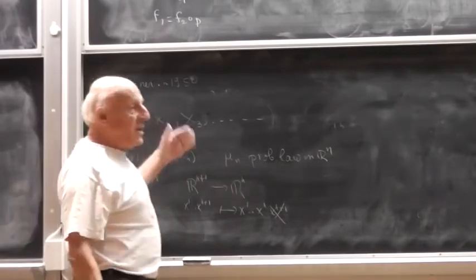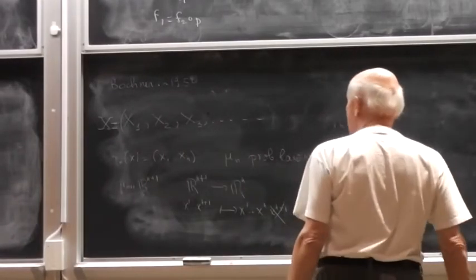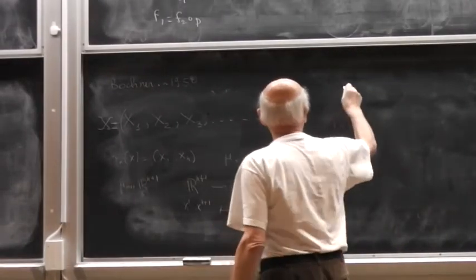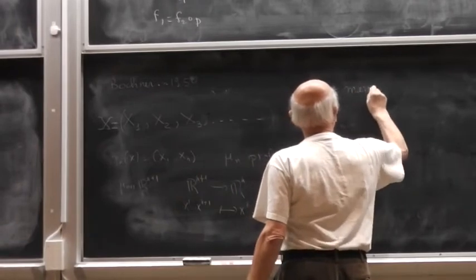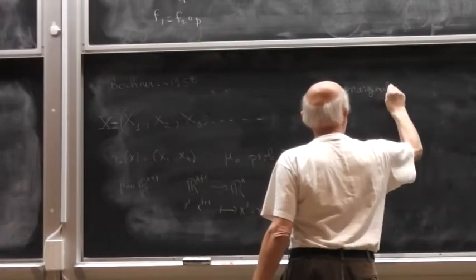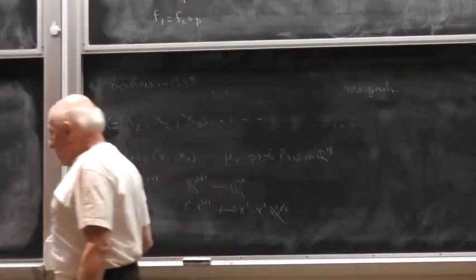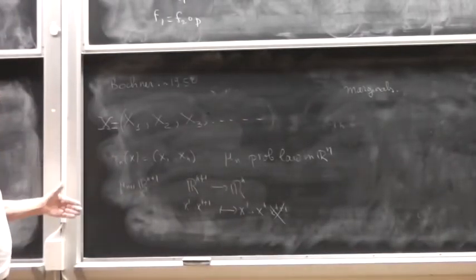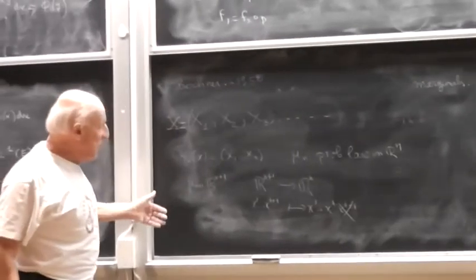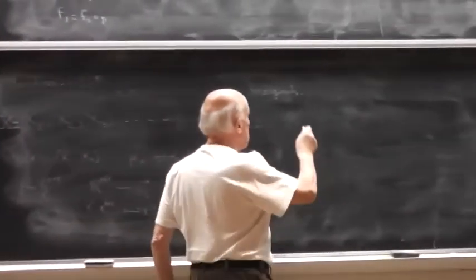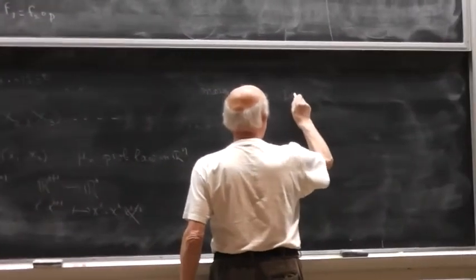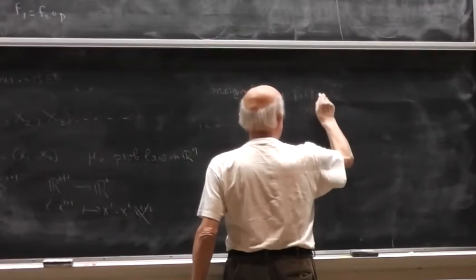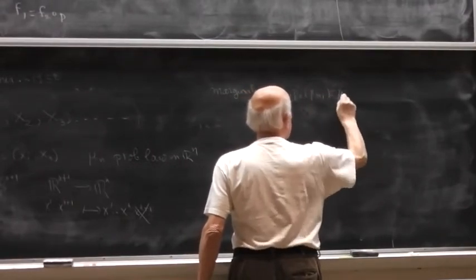So the probability law of such an infinite sequence can be described by giving the so-called marginals, which are probability measures on finite-dimensional spaces, and a consistency condition, which is that the projection Pn of mu n plus 1 is mu n.